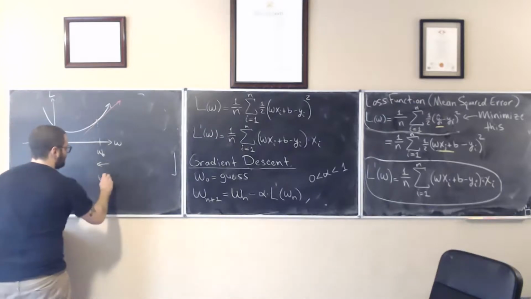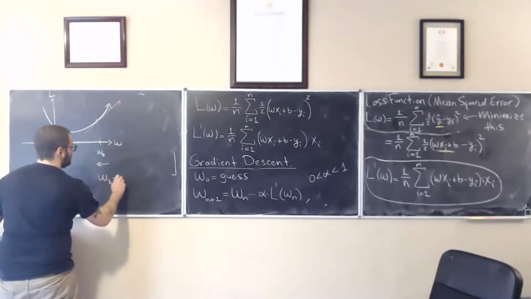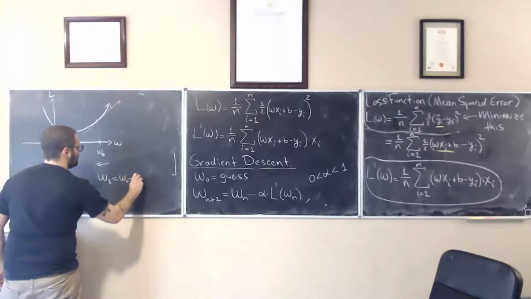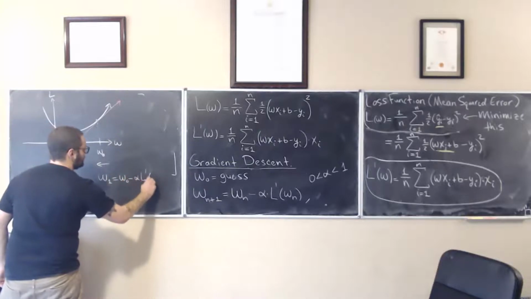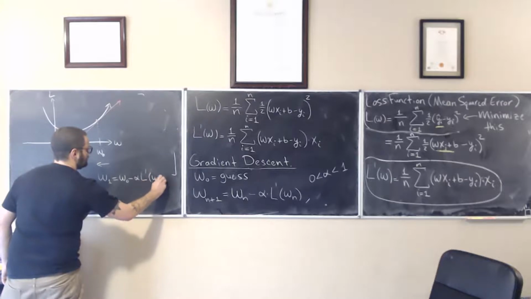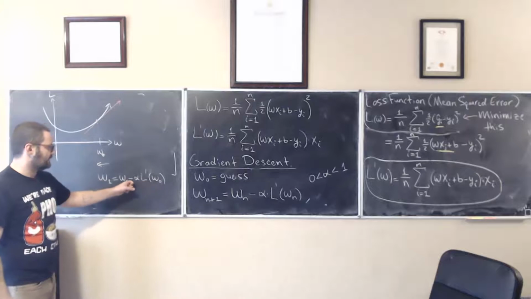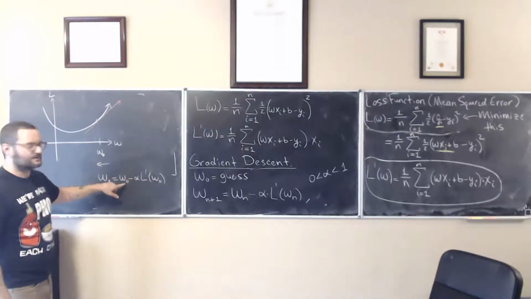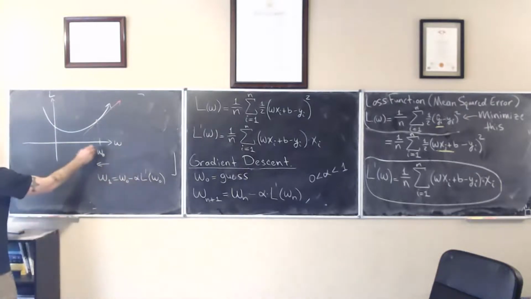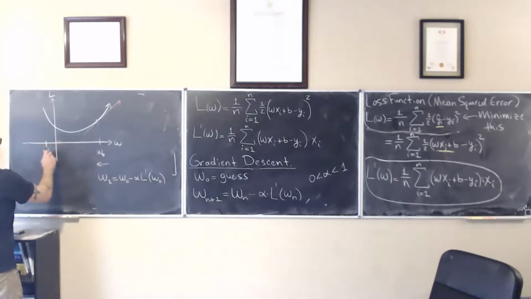So we'd say weight 1 is equal to weight 0 minus alpha times the derivative at that point. That's positive, that's negative. So we're going to subtract off from our guess and move this way. Maybe we guess right here, weight 1.